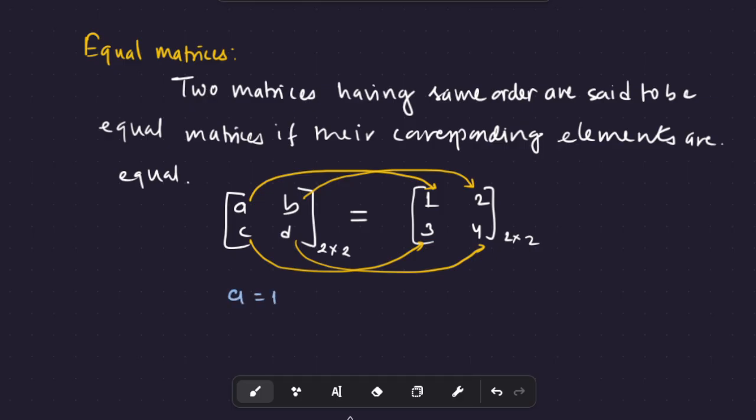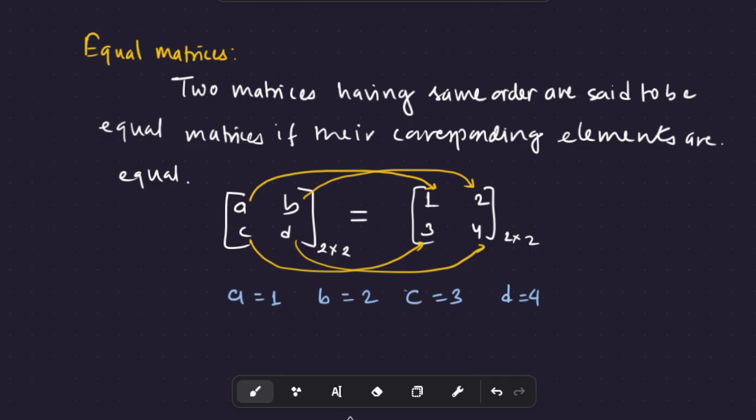So A equals 1. These A and 1 are in the same position. B and 2 are in the same position, so they will be equal. C and 3 are in the same position, so C equals 3. D and 4 are in the same position, so D equals 4. So in this way, the corresponding elements are equal.